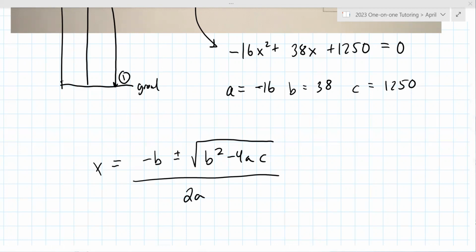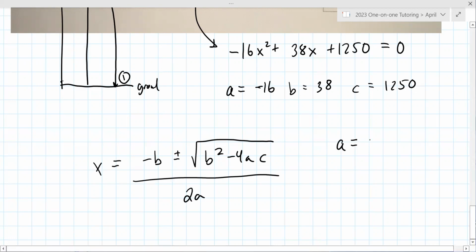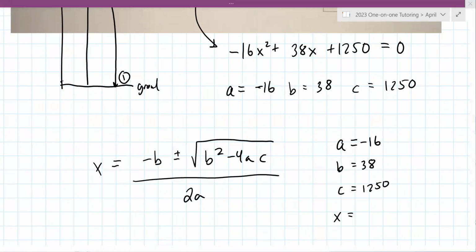Yeah. Desmos. Okay, so here's what you can do, and I think you'll like this. You can actually just type A equals minus 16 and hit enter. B equals 38 and hit enter. C equals 1250, hit enter, and then X equals and write this formula, and it will substitute all the numbers for you. And if you're not sure what I mean by that, I can type it out here or switch my screen and show that.